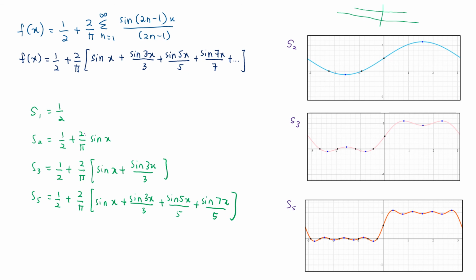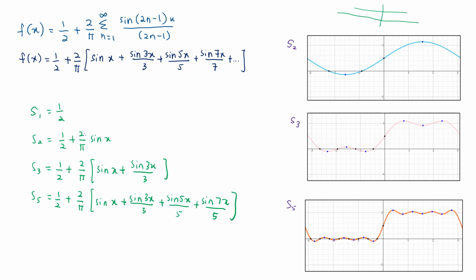So the partial sum will converge to f(x) over the fundamental interval, or in other words, we can say that the Fourier series can represent a non-trigonometric function.